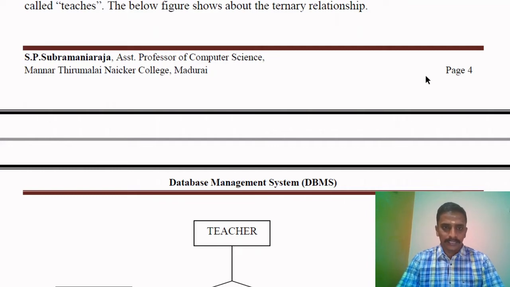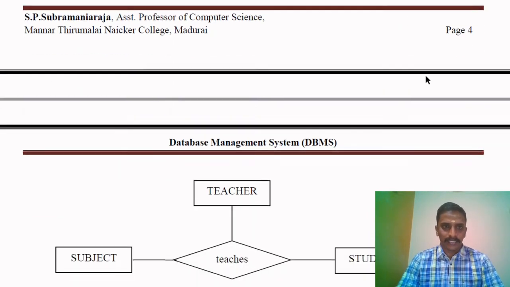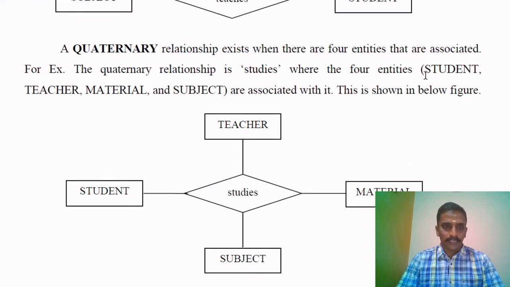These are ternary relationships. The quaternary relationship exists when four entities are associated. For example, the teacher, subject, student, and material are the four entities, and they are associated by the relationship studies.